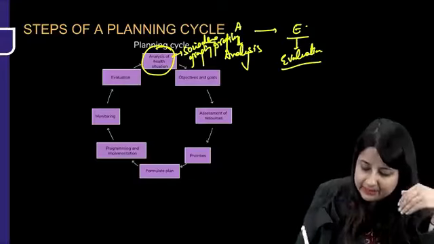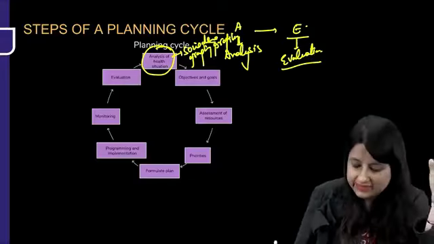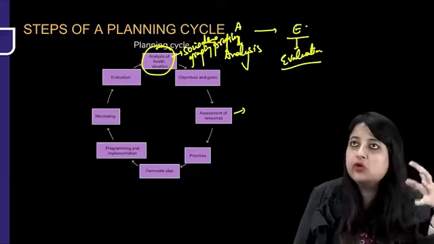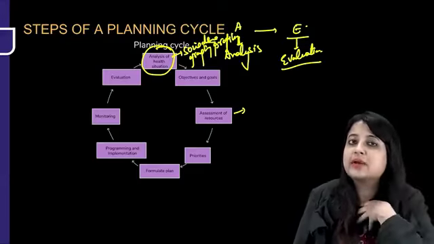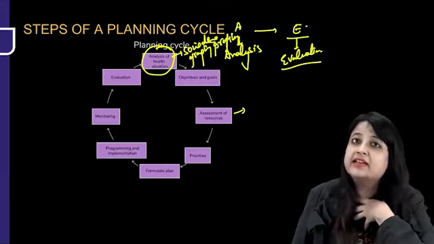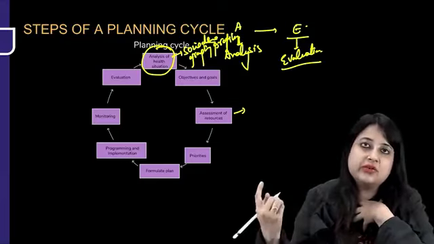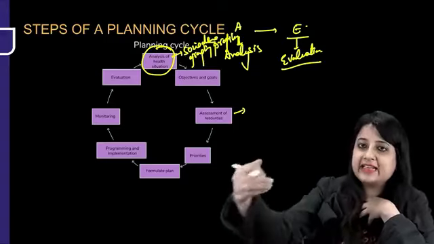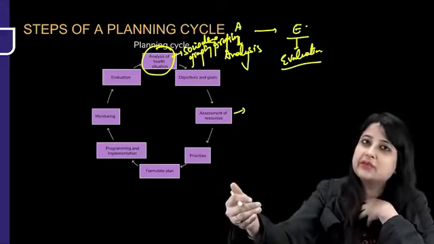Then we set the goals and objectives and assess the resources. Goals means what do I want to achieve? Like as a public health officer, I might want to decrease infant mortality rate in my community. So that's my goal. The objective would be how I can decrease infant mortality rate by increasing immunization coverage.